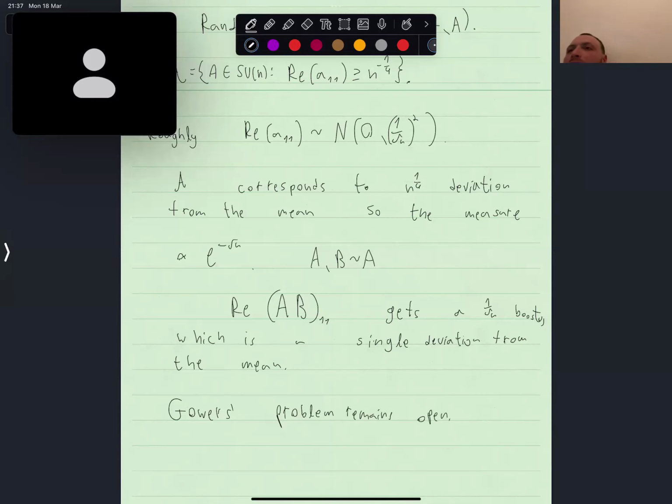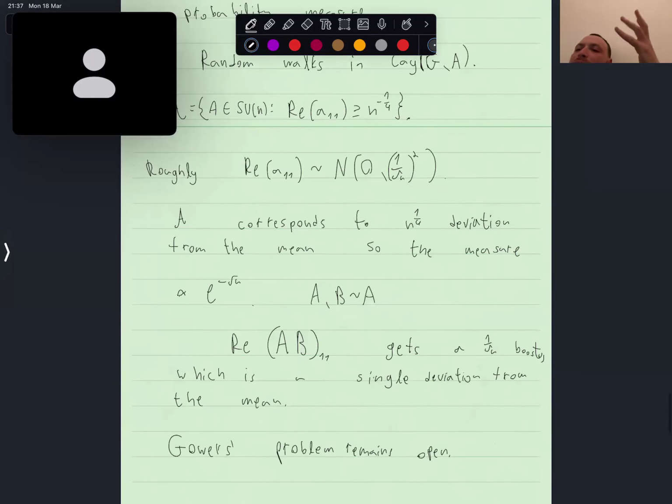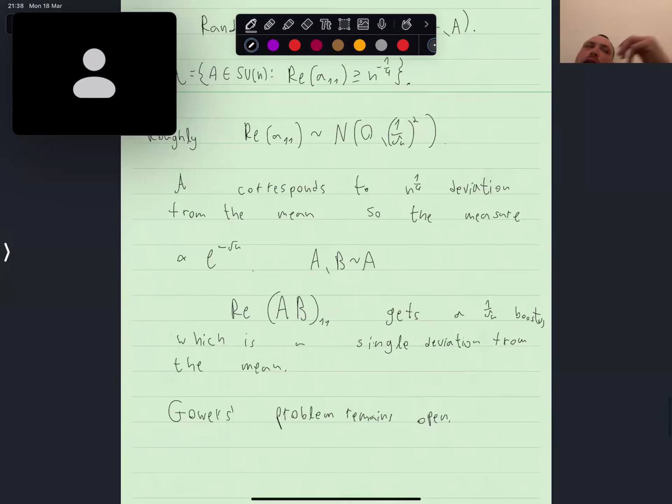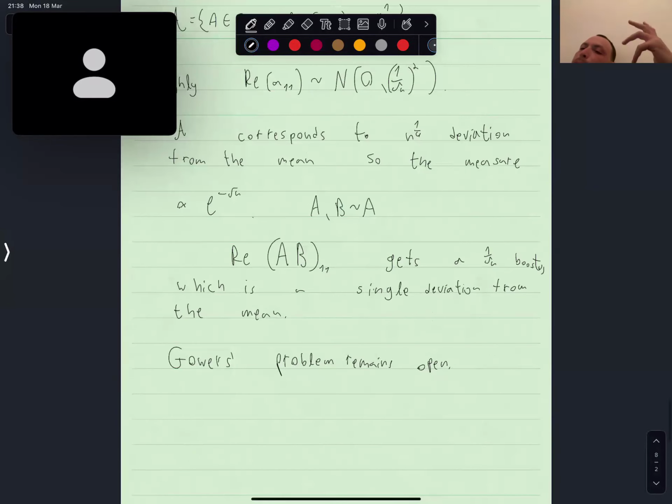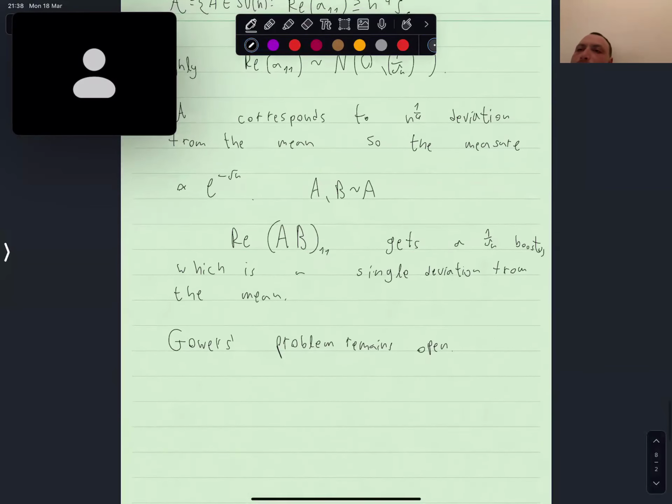And it would require new techniques because our methods don't distinguish between the product mixing conjecture and product-free sets. To solve Gower's problem, we probably need to find new ideas.